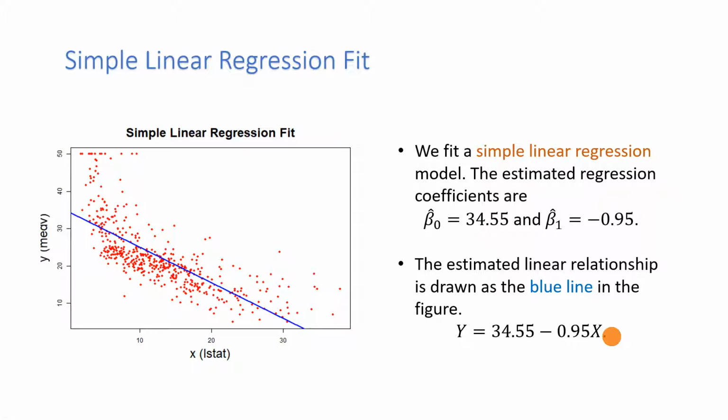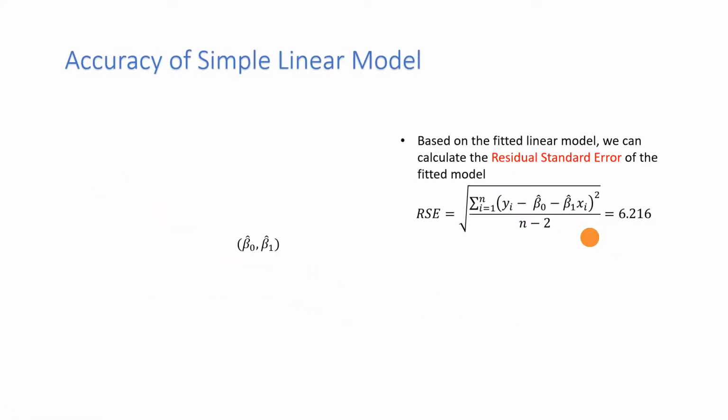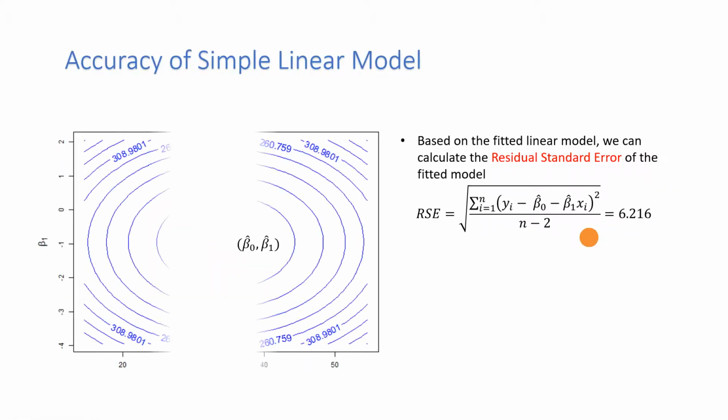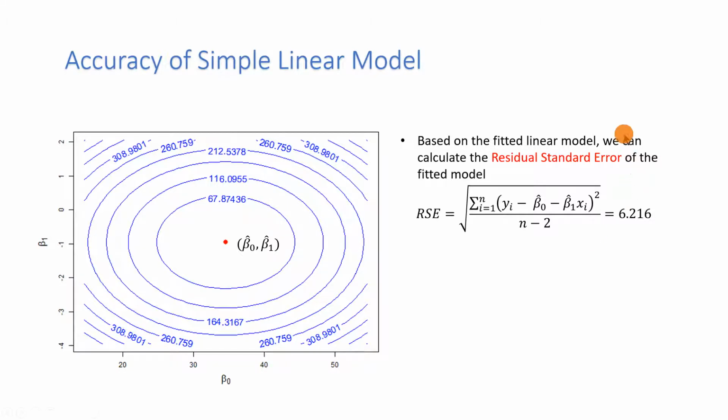And then after we fit this linear regression model, we would like to assess how well we estimate these parameters, as well as how well we fit this linear model. And here we can assess the accuracy of this simple linear model.